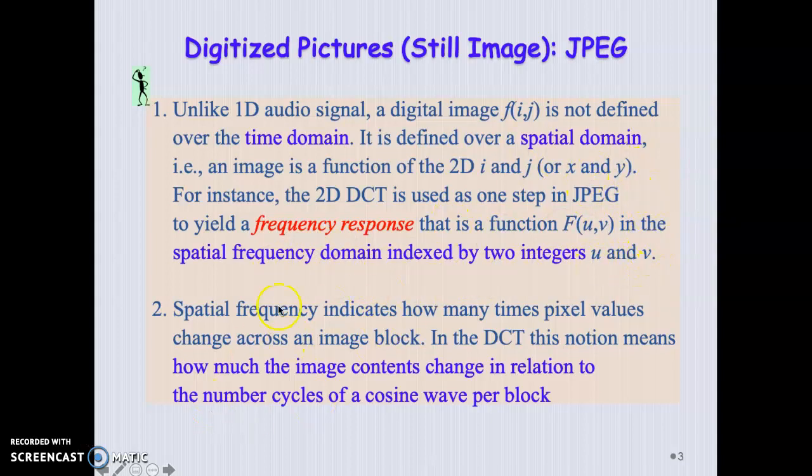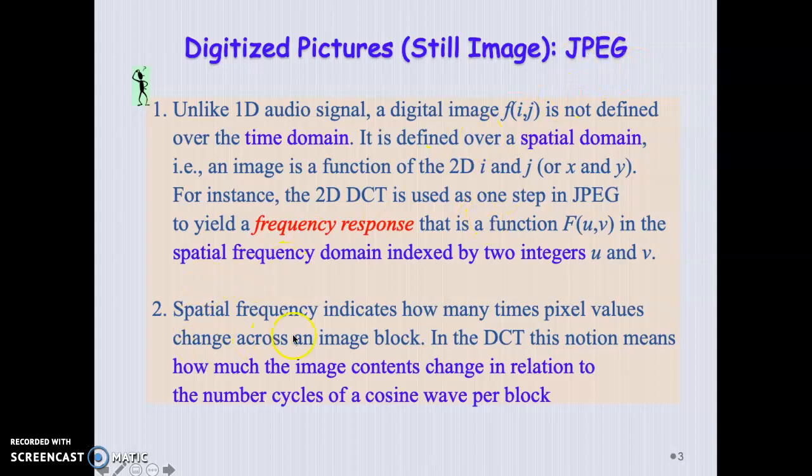This has been taught in your image processing, where you transform the spatial domain into a frequency domain. When you transform your image from spatial to frequency, it will reduce the size as well. That's why you need a transformation in JPEG.